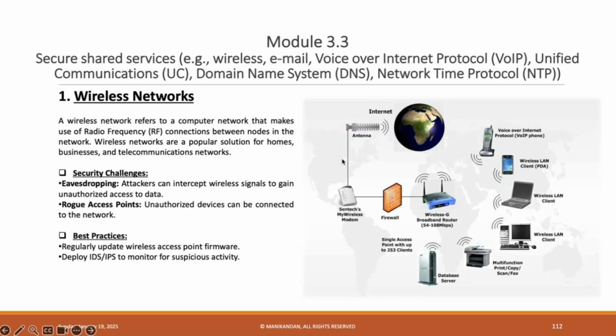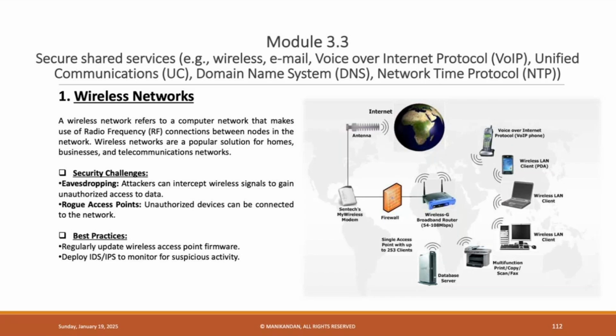A wireless network basically refers to the computer network that makes use of RF connections between nodes in the network. Wireless networks are a popular solution for homes, businesses and telecommunication networks.